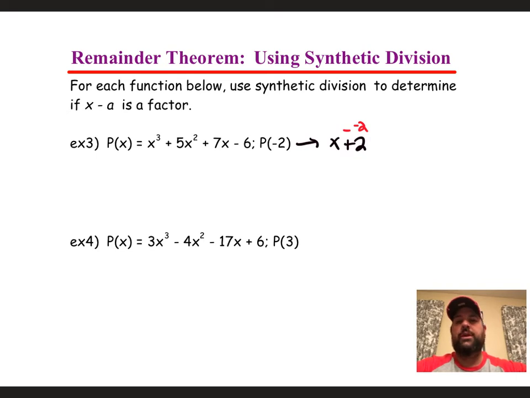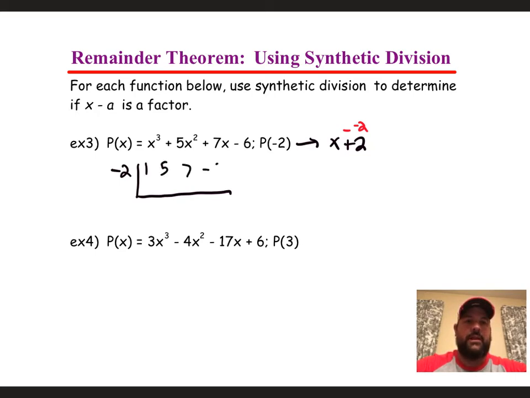So what we're going to do here is we're going to use synthetic division. We're going to use negative 2 as our a value, and we're going to set up our synthetic division. We're going to have our coefficients 1, 5, 7, negative 6, and we're going to go through the process together here. So we're going to bring down the 1, so we get 1. We're going to multiply. Negative 2 times 1 gives me negative 2.